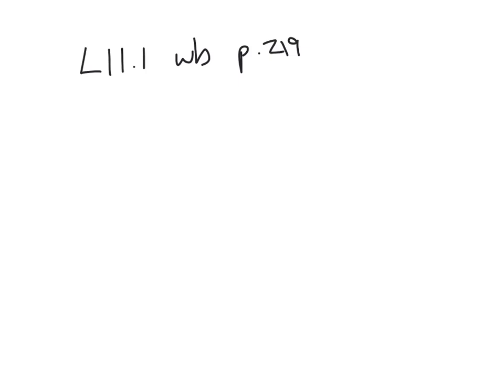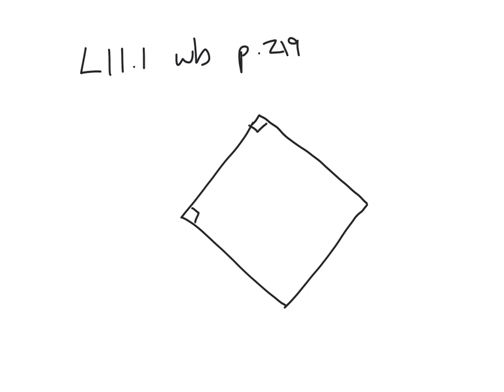Okay, the first questions ask you to name the polygon. So you're going to name it by the number of sides it has, and then tell whether it's regular or not regular. A regular polygon means it has all sides and all angles are equal. So this angle, and this angle, and this angle, and this angle are all equal.